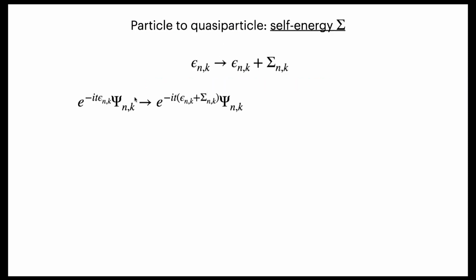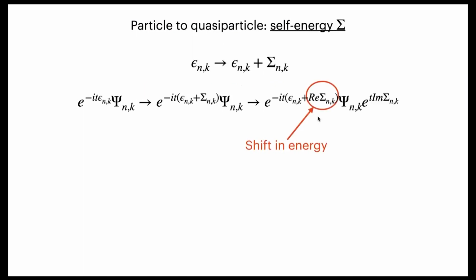So one way to think about it is if we have this wave function, we have the normal time-dependent evolution, e to the minus i t times the eigenvalue. Well, this self-energy does two things. One is it gives you a shift in the energy, so this leads to band narrowing, for example.